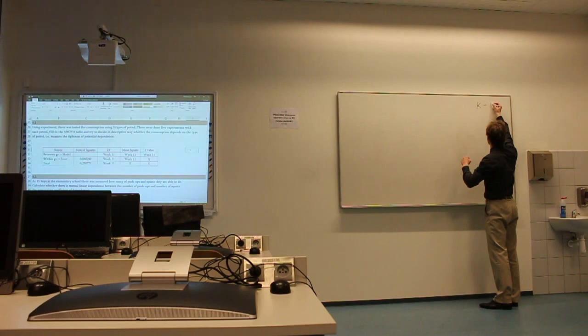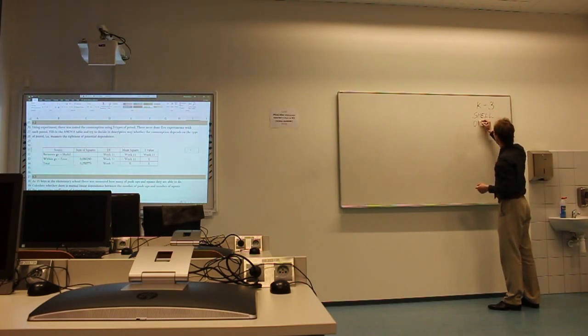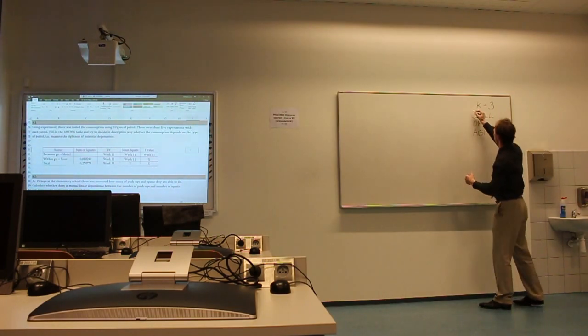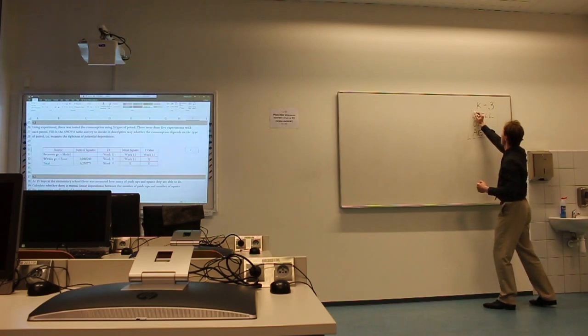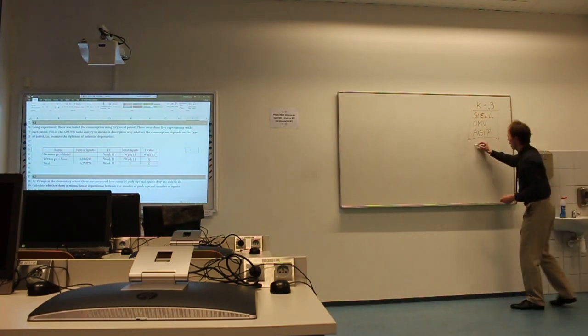We have 3 types of petrol, for example Shell, OMV, and Agip, from 3 petrol stations. So the number of factors is equal to 3.